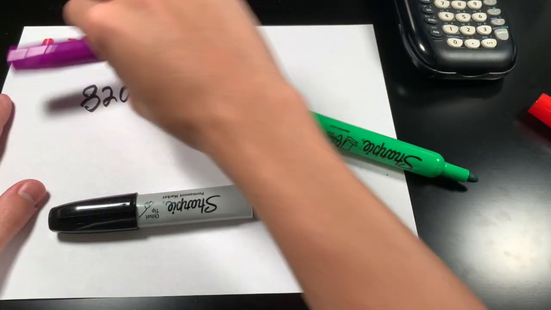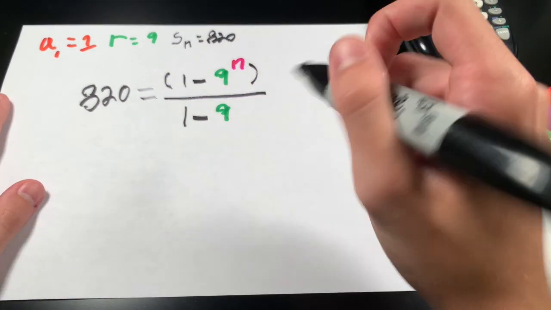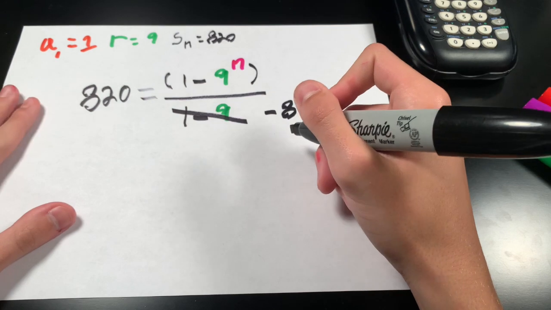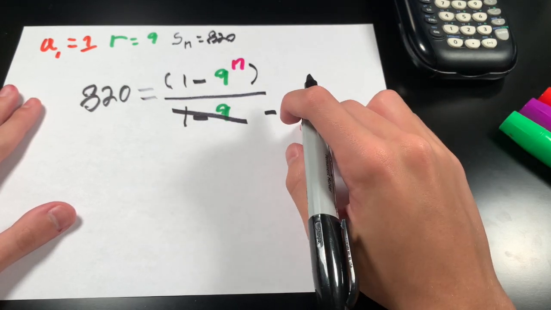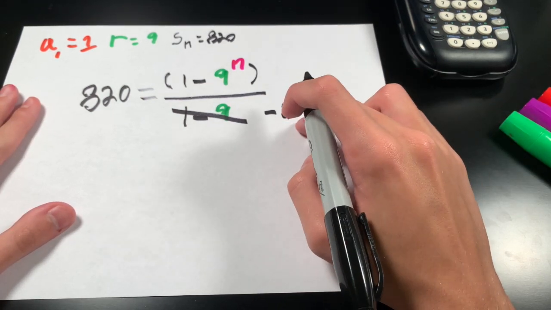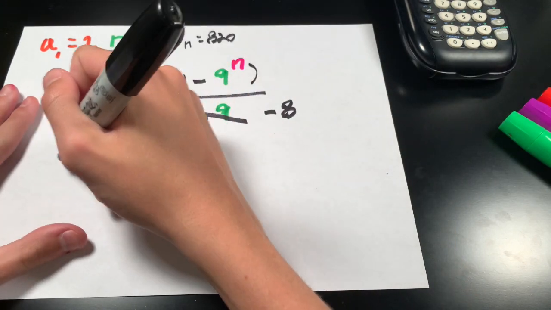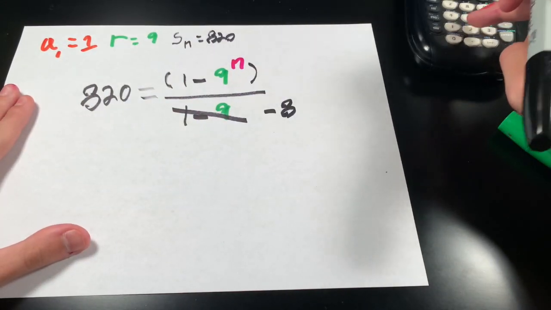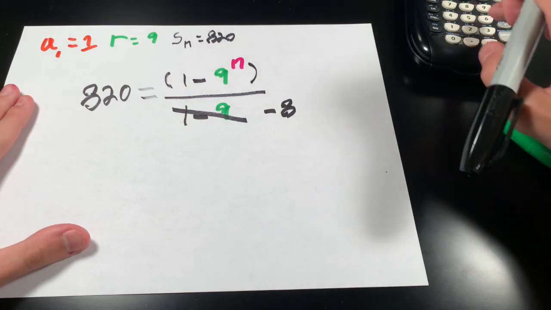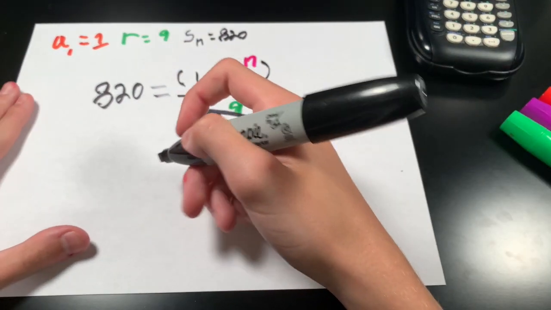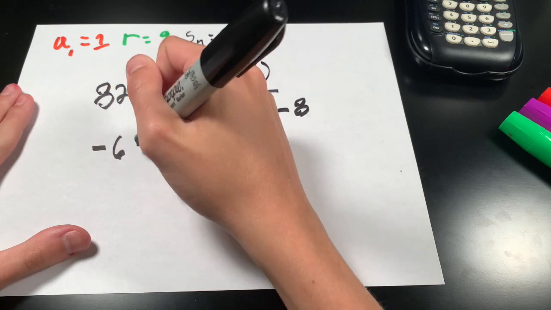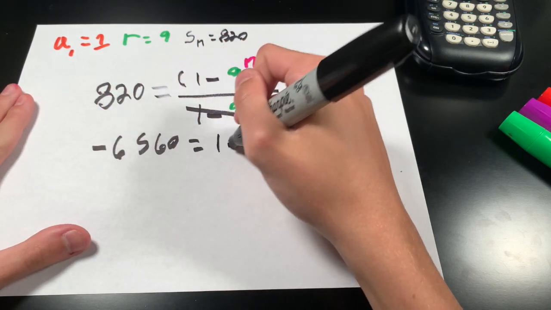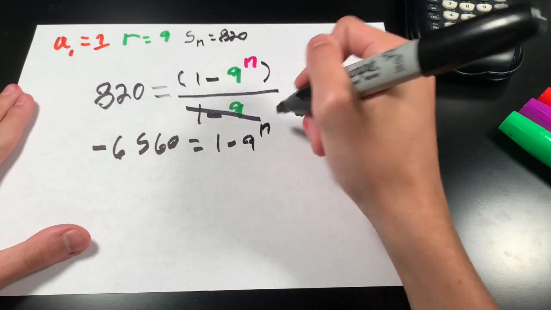The way that we do this is we simplify the denominator to -8 first, and then we multiply both sides by -8 to get rid of it. So we have 820 times -8, which is -6,560, equals 1 minus 9 to the n.